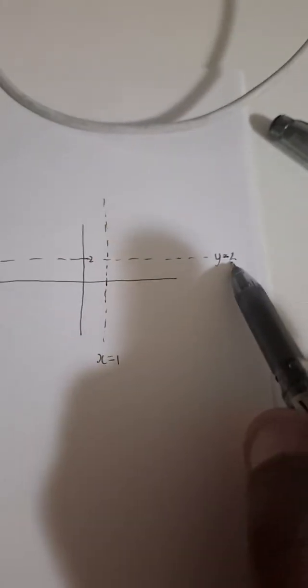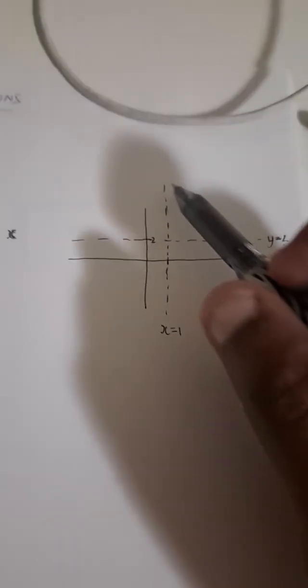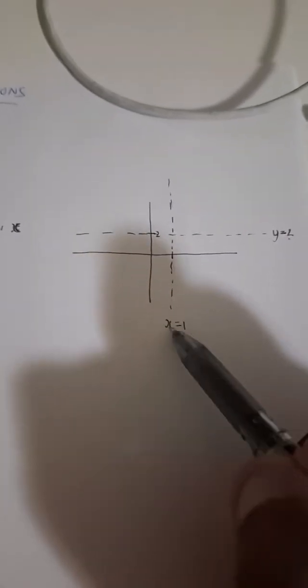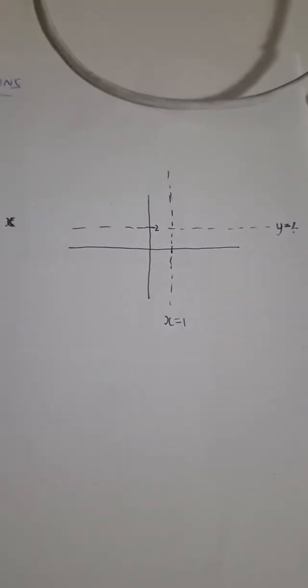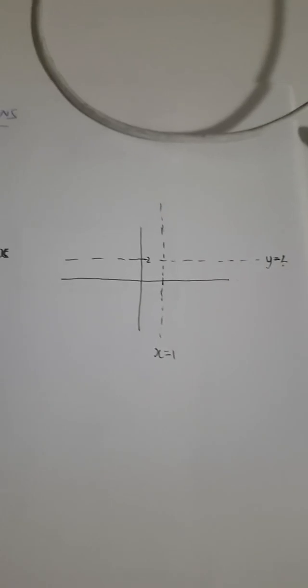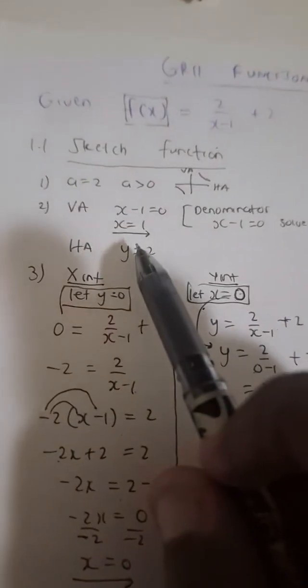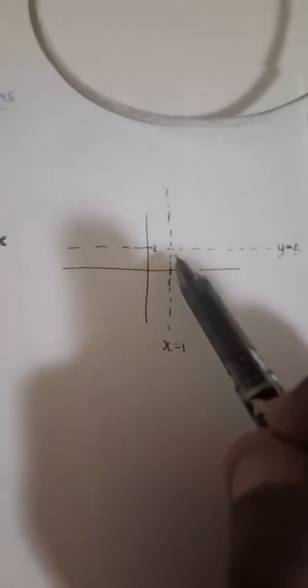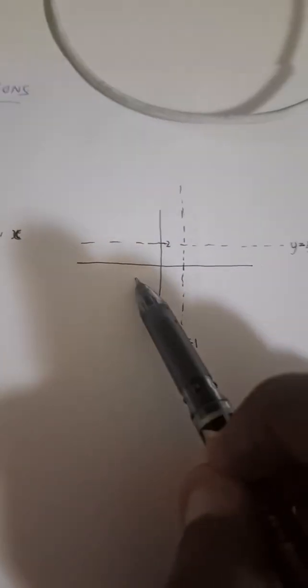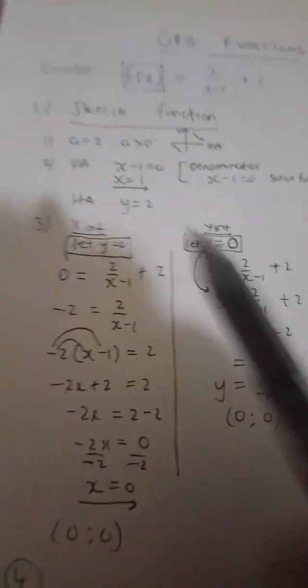Y is equal to 2. Here, sketch in the horizontal asymptote. Use your ruler as you do so that you can see the sketch. You label the asymptotes. The equation of the horizontal asymptote is y is equal to 2. The equation of the vertical asymptote is x is equal to 1.